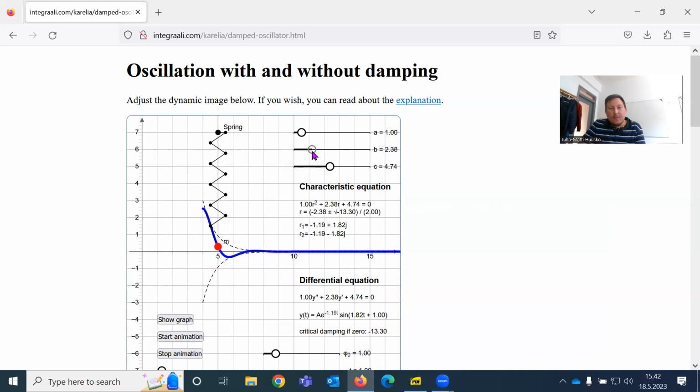And when R grows, also the angular frequency will change. Not very fast, but still it will. When R is large enough, the angular frequency will go to 0, and the oscillation will stop. I will leave this example for you, and you can try how the parameters affect the solution.